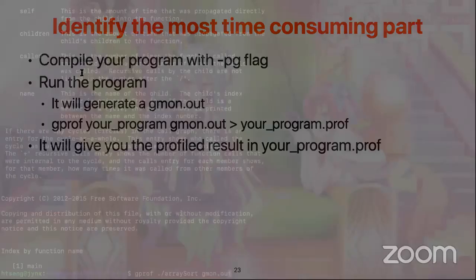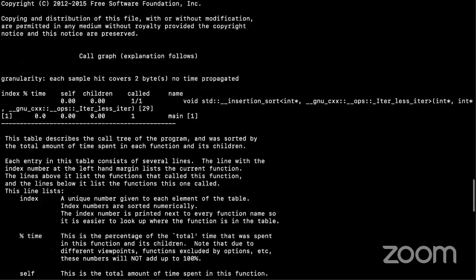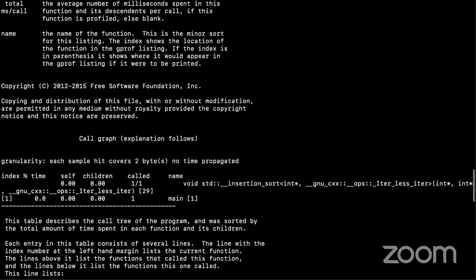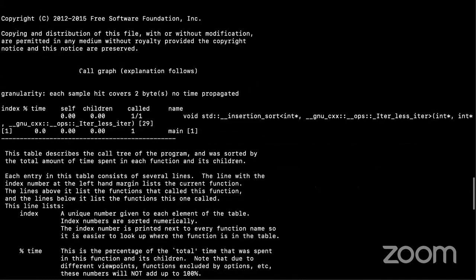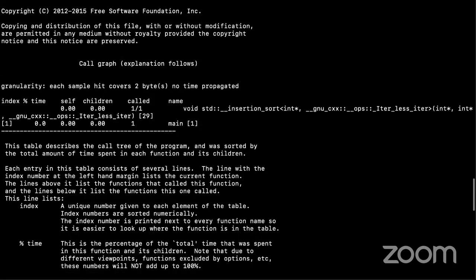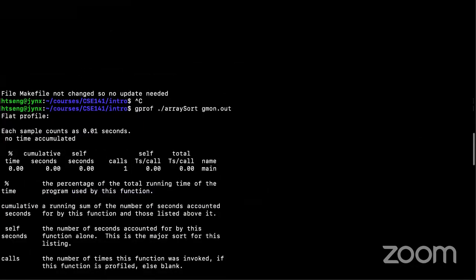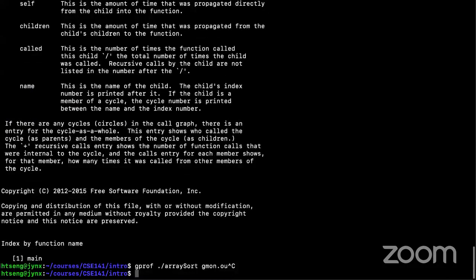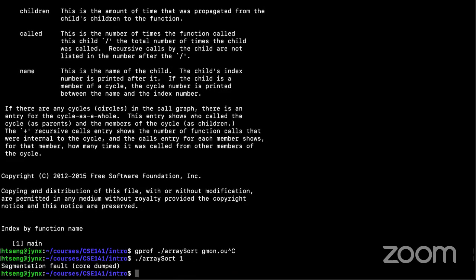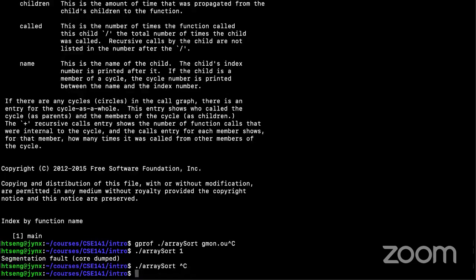You can get an output like this. Let me try array sort.